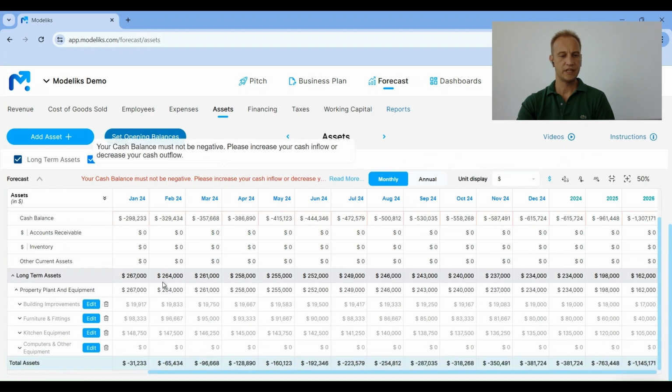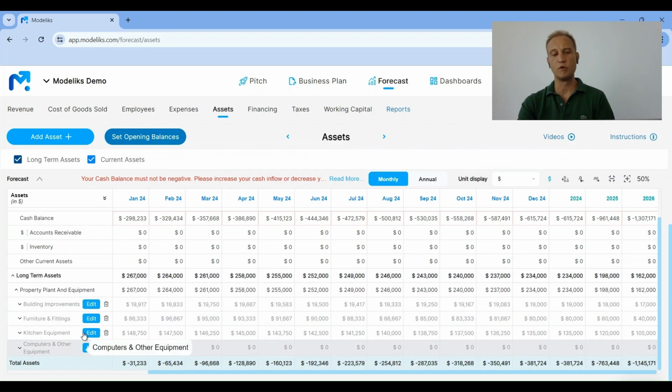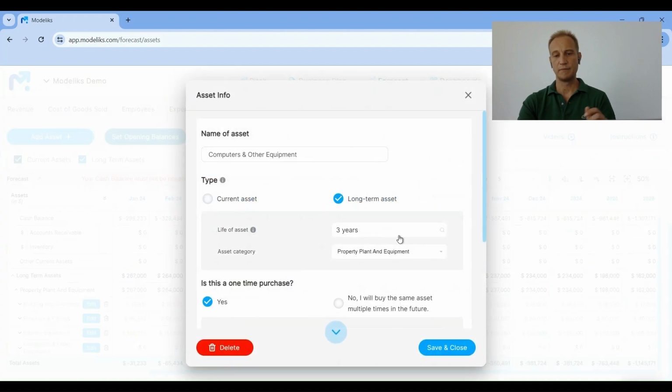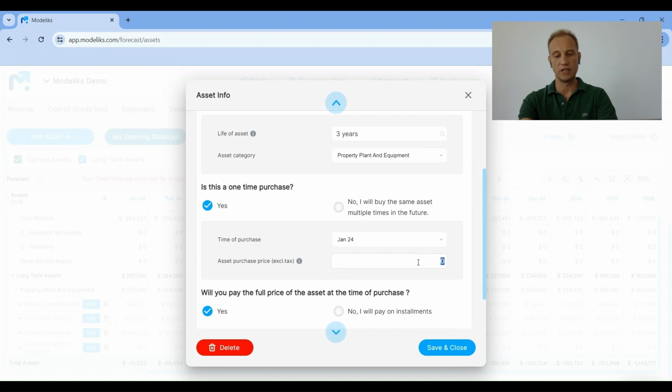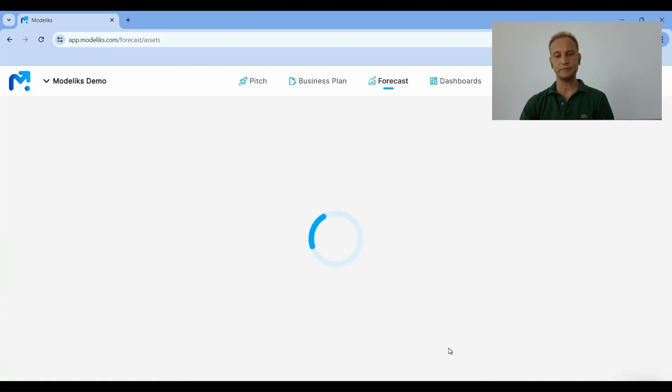And finally, any other computers, other equipment that we might need for our restaurant. Go into edit. Computers, usually this kind of equipment is depreciated over a shorter period of time. Let's say we will depreciate it over 3 years, and we will spend about $20,000 on such other equipment. Save and close.